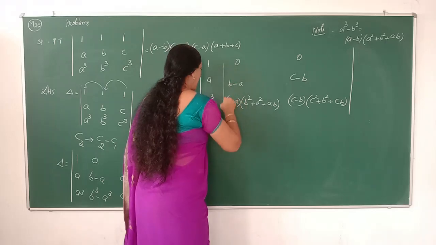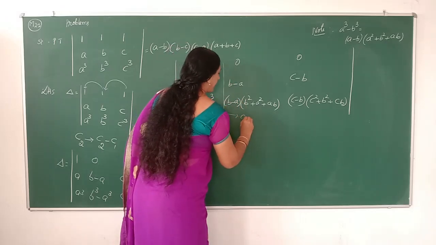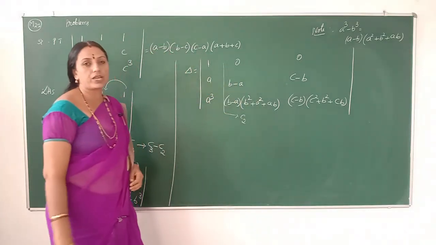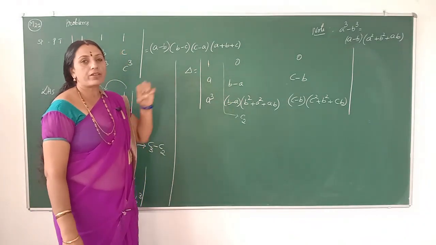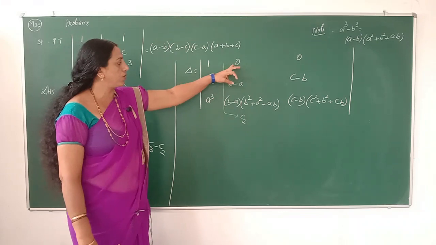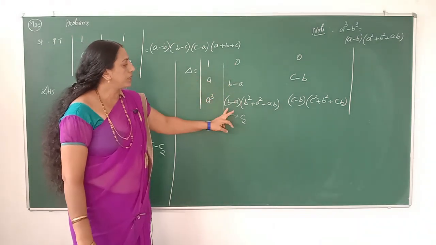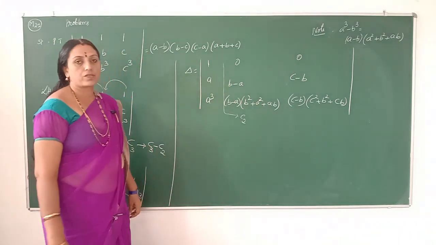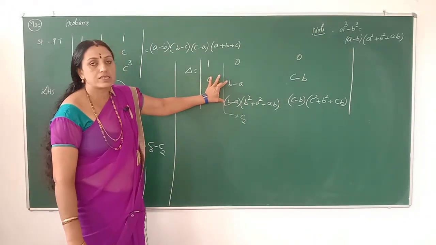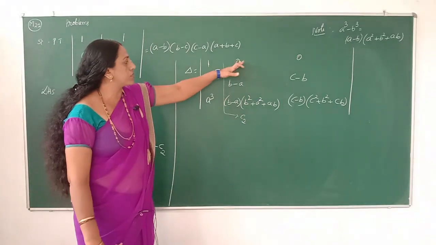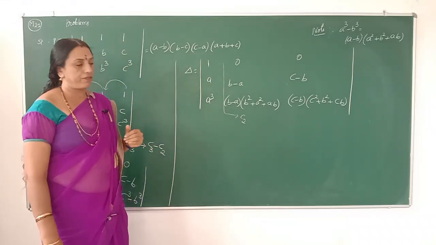These are the elements of the second column. First we observe whether there are any common factors: 0, b minus a, (b minus a)(b square plus a square plus ab). In these elements, b minus a is a common factor, because 0 is also a multiple of every number.